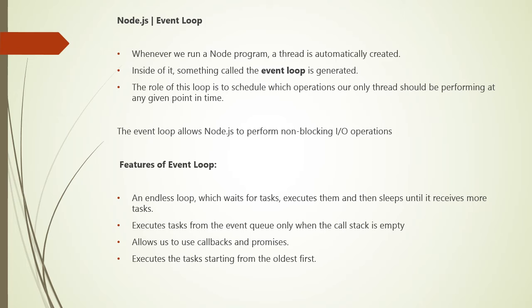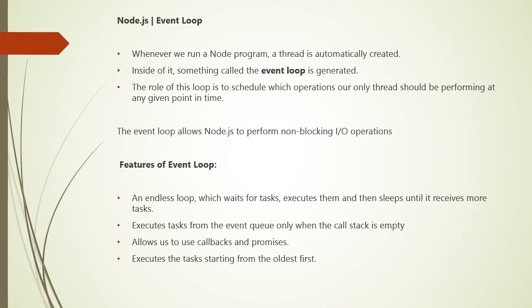The role of this loop is to schedule which operations our only thread should be performing at any given point in time. Now note that the event loop doesn't get generated instantly as soon as we run our program. In fact, it only runs when the whole program has been executed.